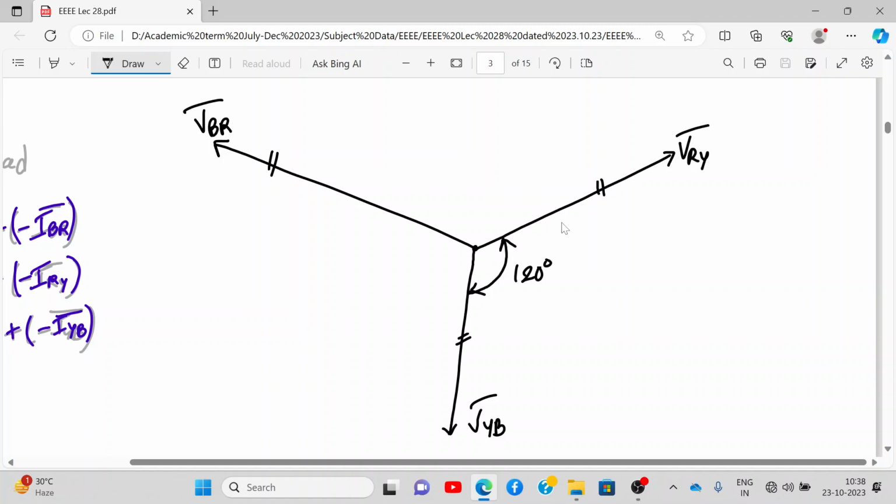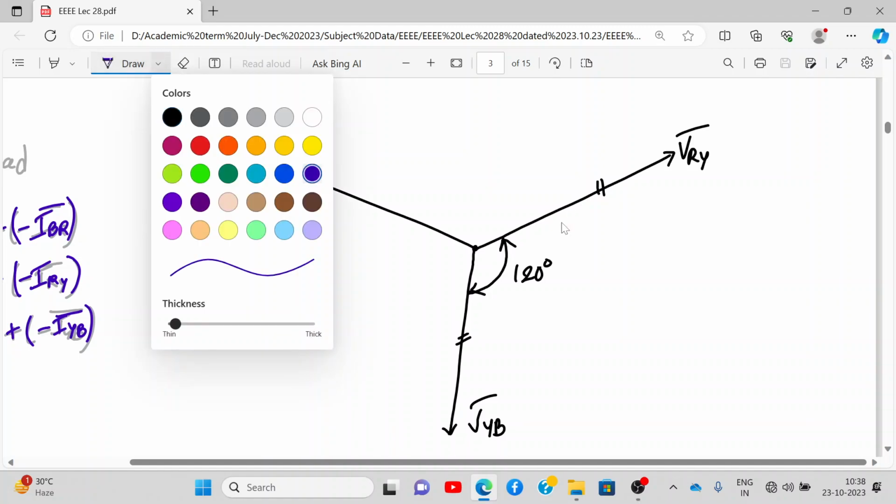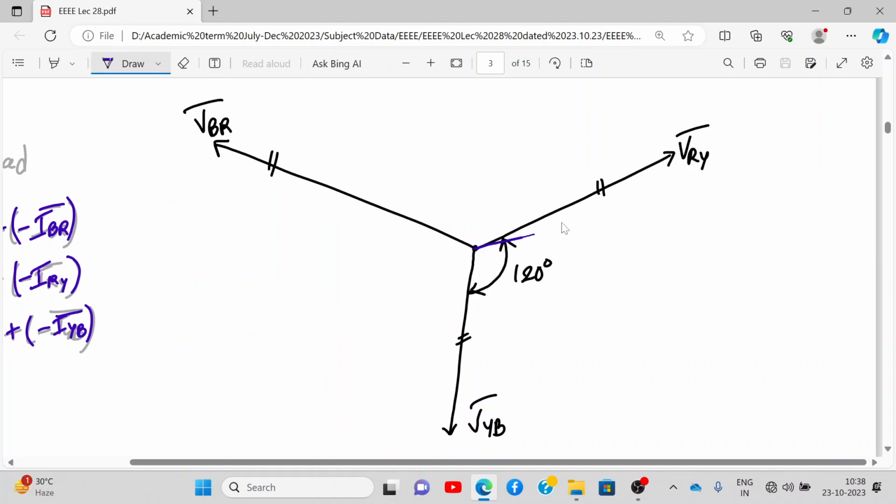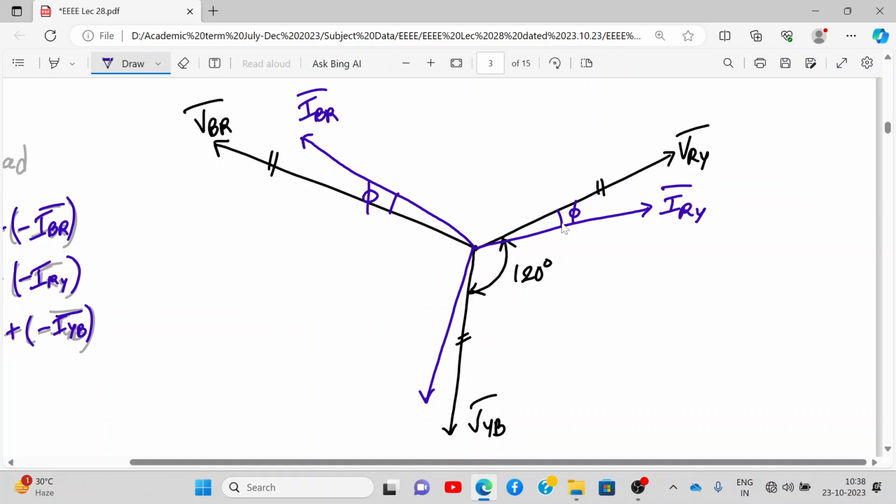So over here, you will draw IRY, current IRY. Similarly, here you will draw IBR. It is lagging behind by angle phi, and here you will draw IYB. So these are my phase currents: IRY, IBR, and IYB.